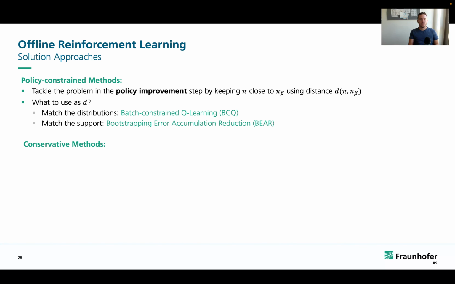There are two things we will be looking at. The first one is we want to match the distributions that our policy is inducing. This is the algorithm called batch constrained Q-learning. So we want to constrain our policy to the data that the policy has generated in our batch.